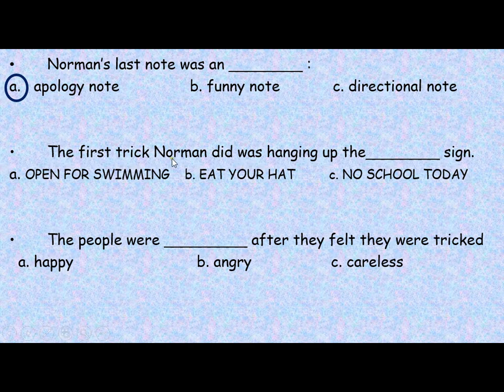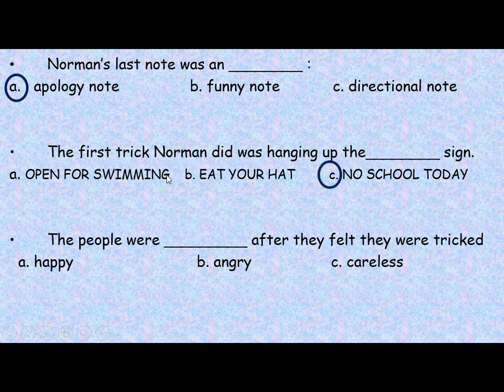The first trick ever Norman did was hanging up the sign, open for swimming, when he put this sign on the fountain and everyone started swimming, or eat your hat, or no school today. Is it A or B or C? Do you remember the first sign that Norman hung up?